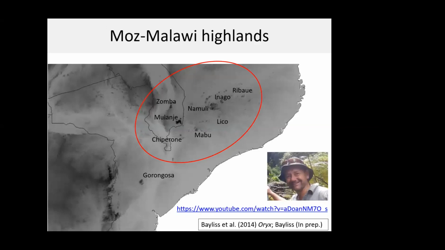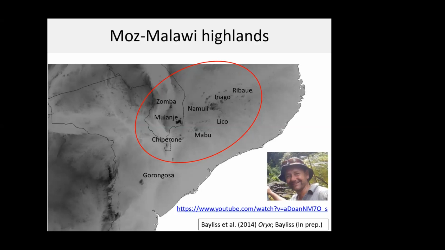It's associated with the highlands of northern Mozambique and southern Malawi. And I've just put in a few of the mountain names there for you to see. So far, we know that this bat occurs on Mount Gorongosa and Mount Nomuli and Mulanje, but it probably occurs throughout all of those mountains.